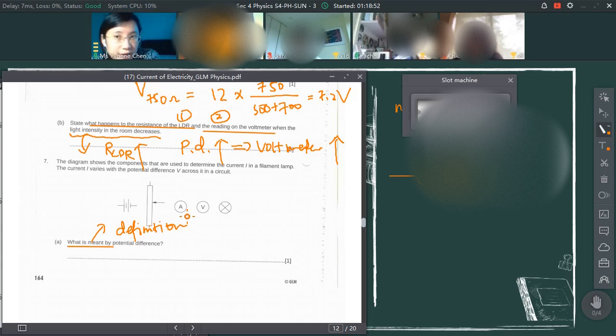What's the definition of potential difference?